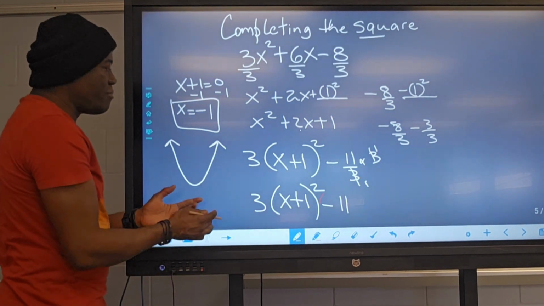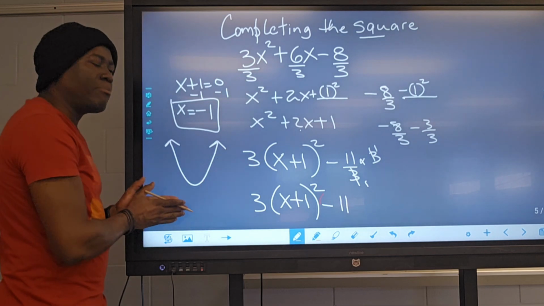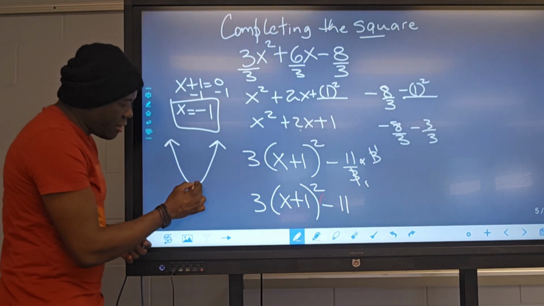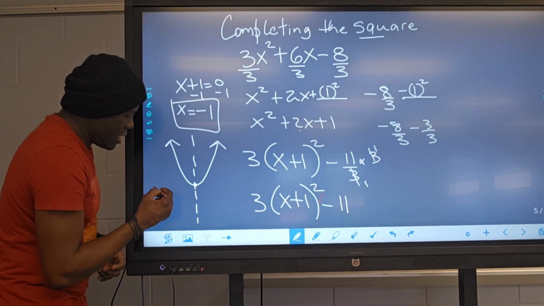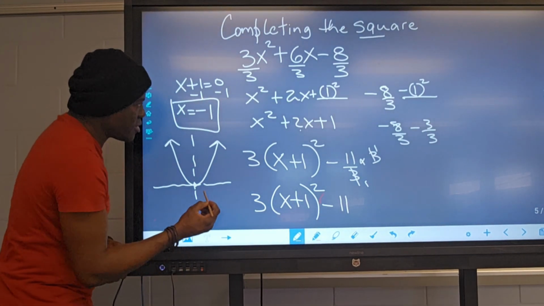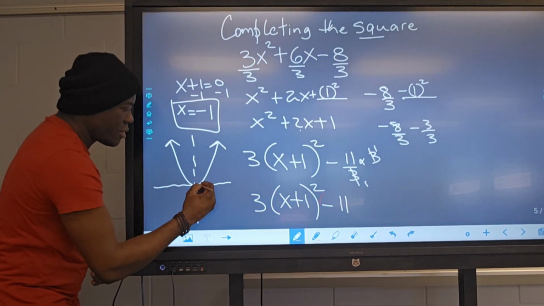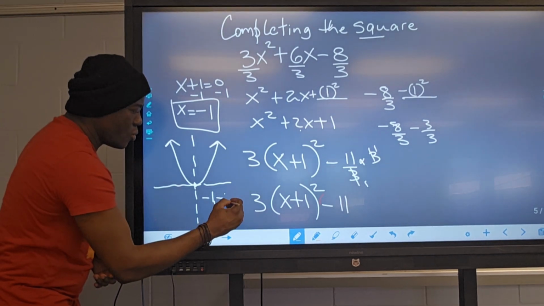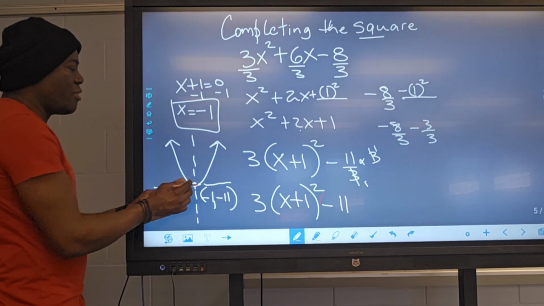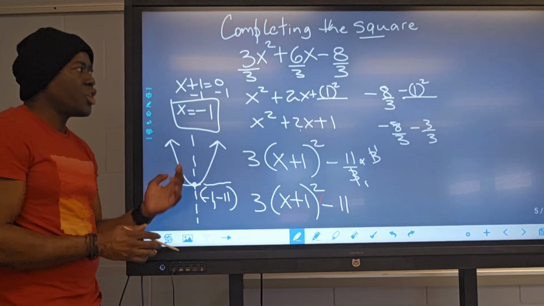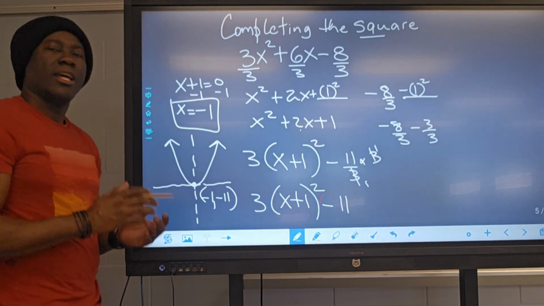What would have been the coordinate of that point? It's going to be right here. This is where the negative 1 is, and this is where the negative 11 is. So negative 1 and negative 11 would have been the coordinate for this vertex right here of this curve that we're looking at. There we go.